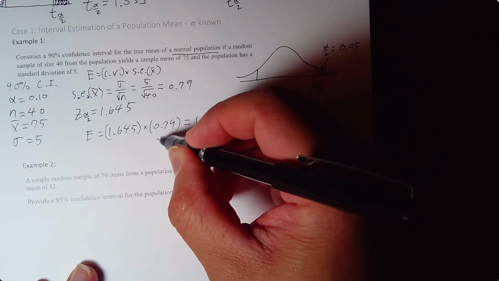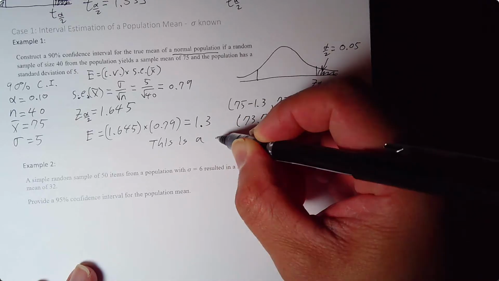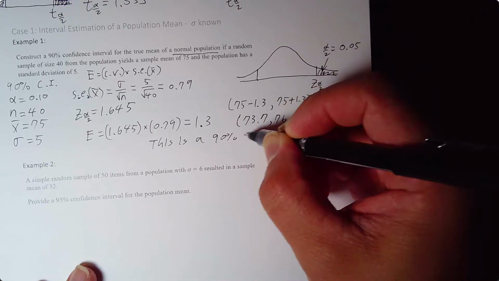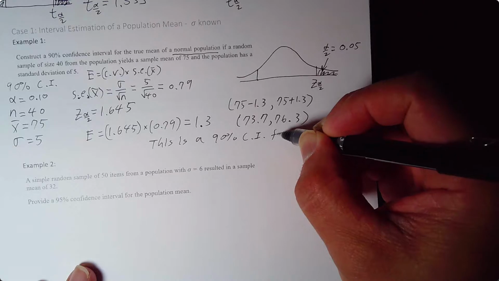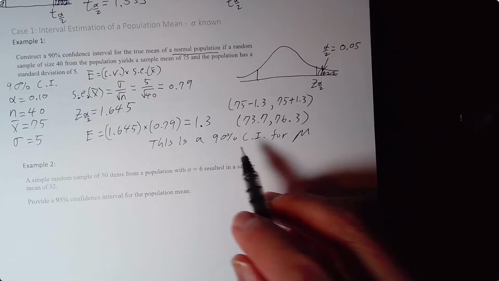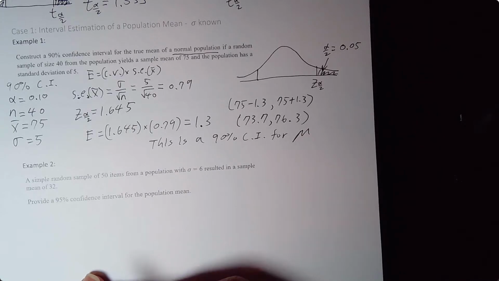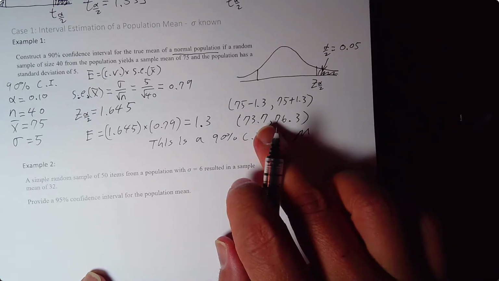This is a 90% confidence interval for mu. In other words, we are 90% confident that this interval contains the true population mu. That is our estimate.